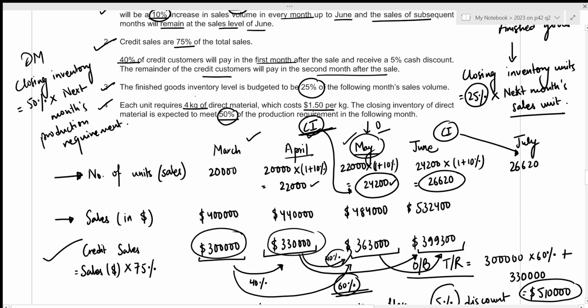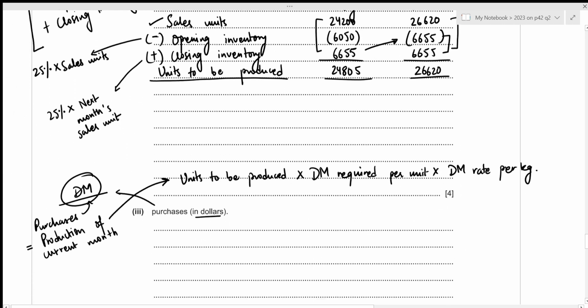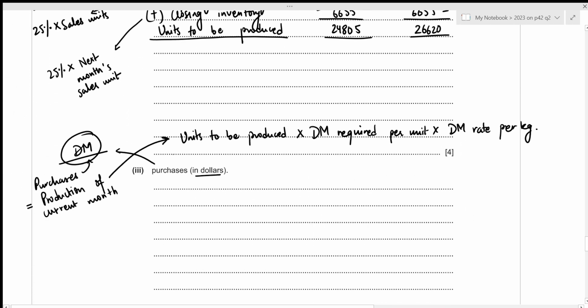So each unit will require 4 kg of direct material and the cost is 1.50 per kg, which means that in order to figure out the value for the production of current months, we just need to multiply the units to be produced by the direct material required per unit, which in this case is 4 kgs, and the direct material rate per kg is 1.5.